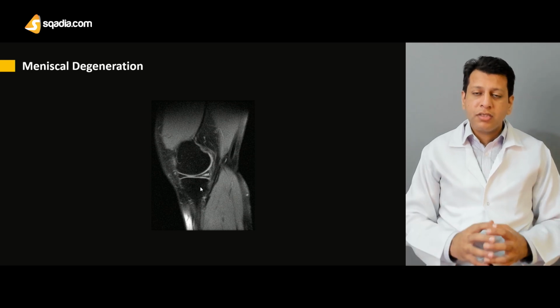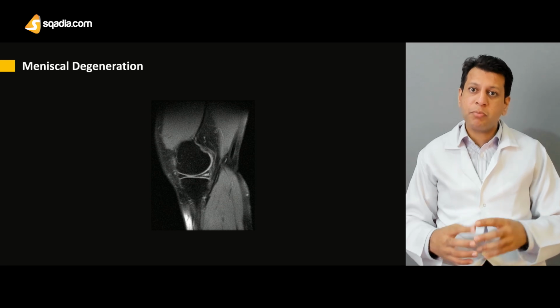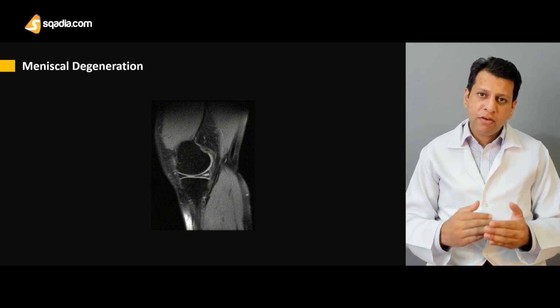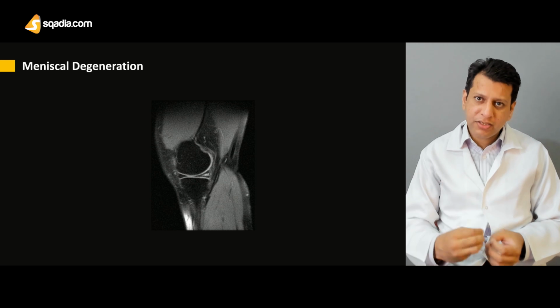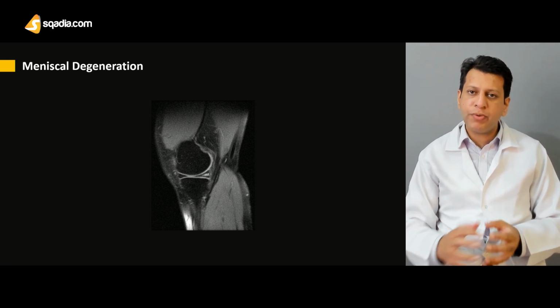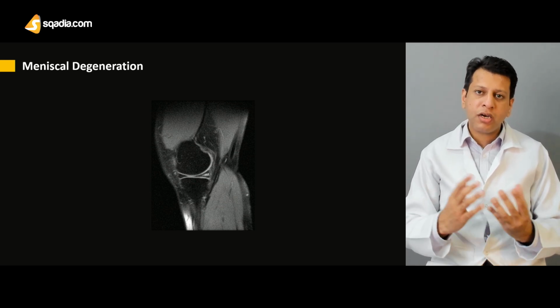There are two types of degeneration which lead to meniscal cyst: the perimeniscal and the parameniscal cyst. Perimeniscal cysts are formed once the menisci have degenerated, and this leads to fluid collection inside the meniscus, which can be appreciated over here. In a parameniscal cyst, there is fluid collection around the meniscus.